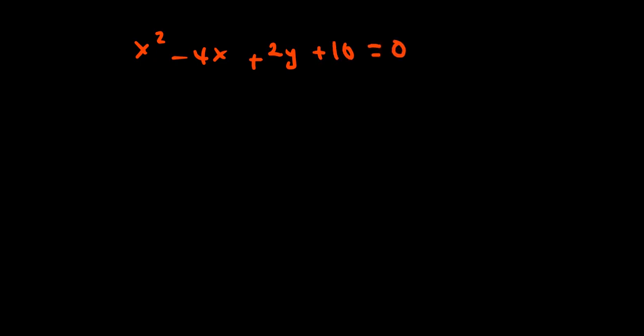So this is the equation that you have. Remember, we said these conic sections can be represented in that general form of the equation. So now they've given us this equation instead. So what do we have to do? We have to factorize this equation in such a way that we will have something that looks like the general form of the parabola. So how are we going to do that?